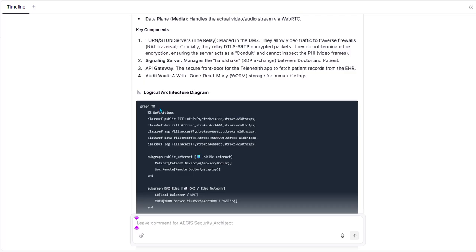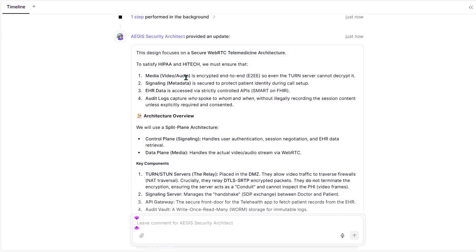So we're going to copy this design to Mermaid Live, and then we're going to view that design there. However, before we go to copy, let's see what was designed for us to certify HIPAA and HITECH. This is what they made. The media, video, and audio are encrypted.